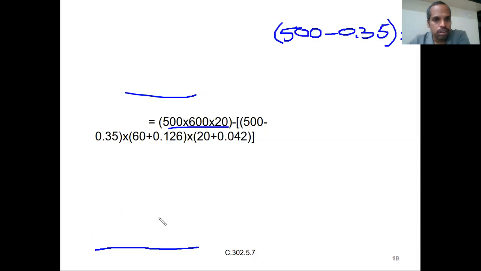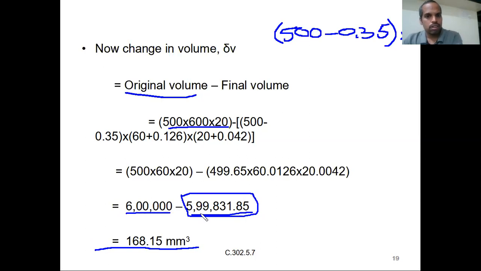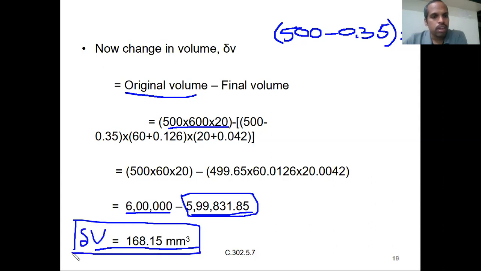If you see, the original volume is 6 lakh, 6 lakh millimeter cube, and the revised volume, the final volume after load application, is decreased to 5,99,831 only. What is the remainder? This is nothing but the change in volume. This much is reduced. The volume is reduced.